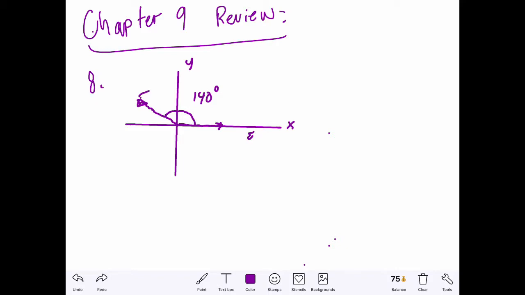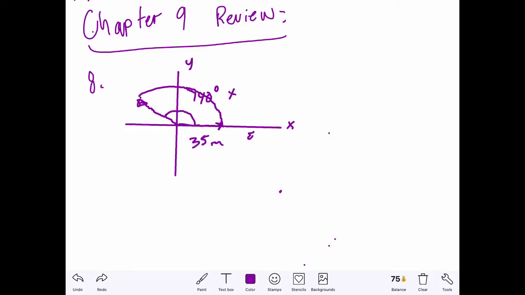I'm just going to extend that, and remember, our radius here is 35 meters, and we move 140 degrees, but again, we have to convert degrees to radians when we're using arc length or area of a sector.